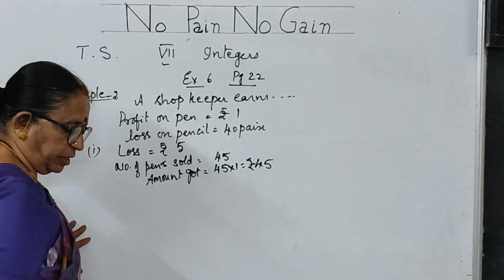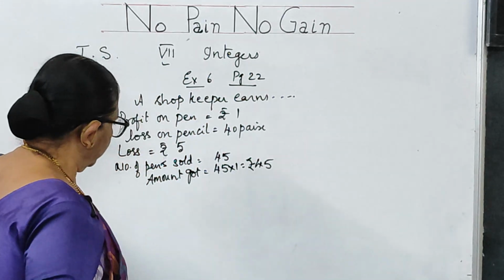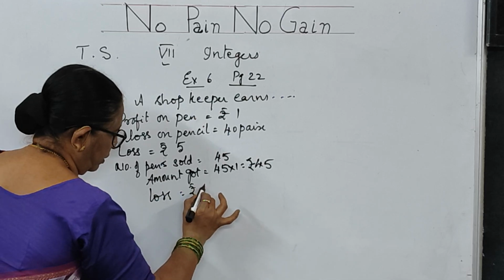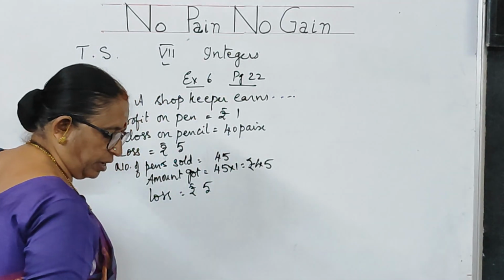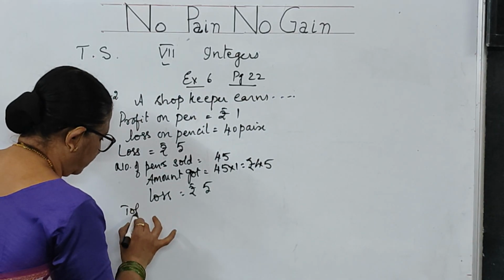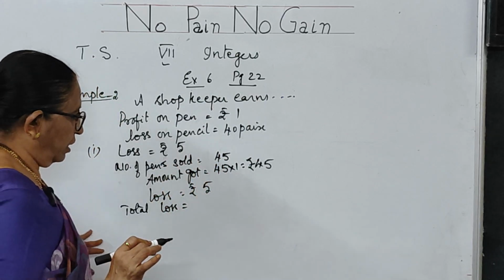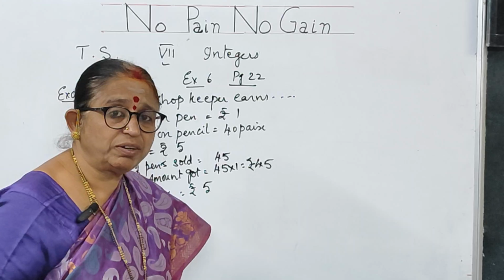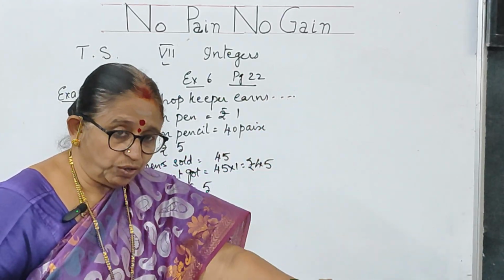But they said loss. What is loss? Loss is ₹5. So when loss is ₹5, she got 45 rupees, but she got a loss of 5, meaning 45 then less up to 5.